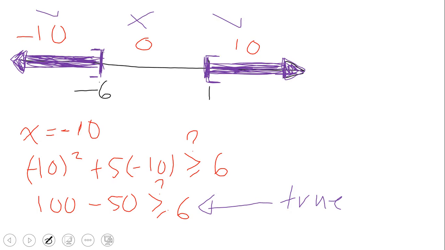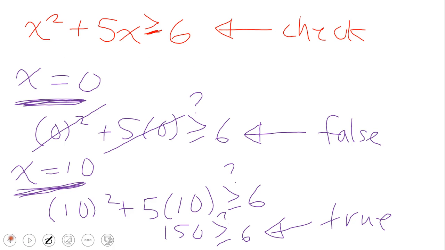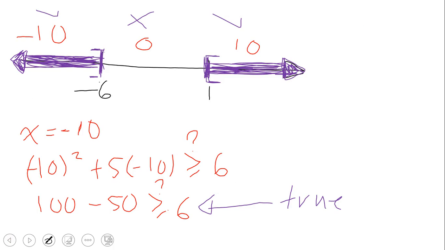Based on this graph, x goes from minus infinity to negative 6, and it's also going to be from 1 to infinity.